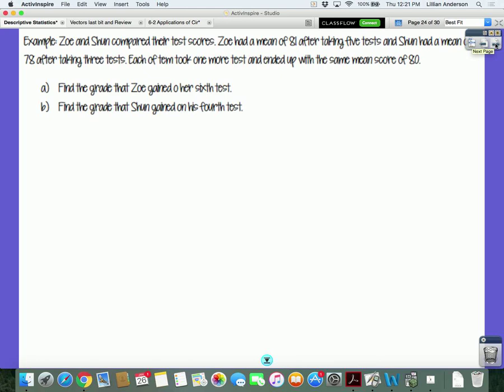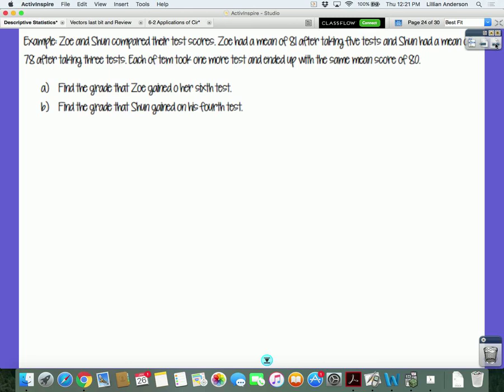Now, Zoe and Sean compared their test scores. Zoe had a mean of 81 after taking 5 tests, and Sean had a mean of 78 after taking 3 tests. Each of them took 1 more test and ended up with the same mean score of an 80. So find the grade that Zoe gained on her 6th test, so that her score could be an 80.